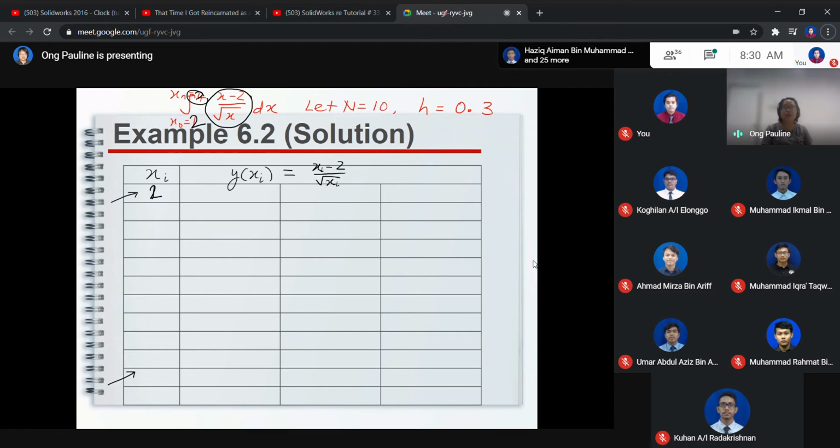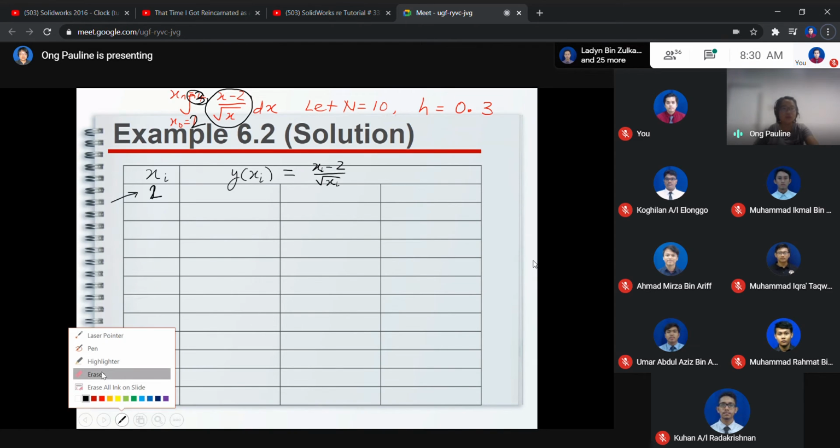If you want to integrate from 2 to 3, you must end it at 3. Right. Okay, so let's answer this question.